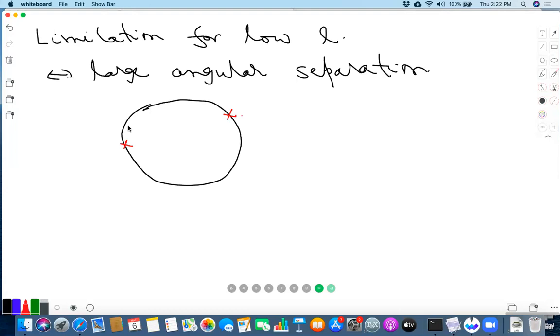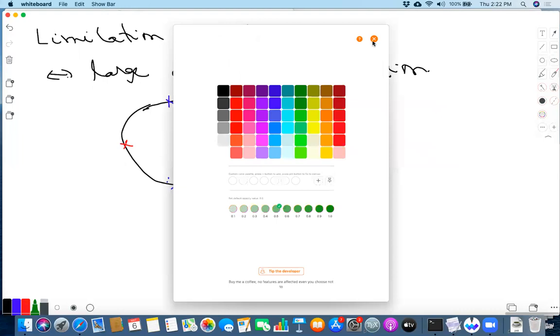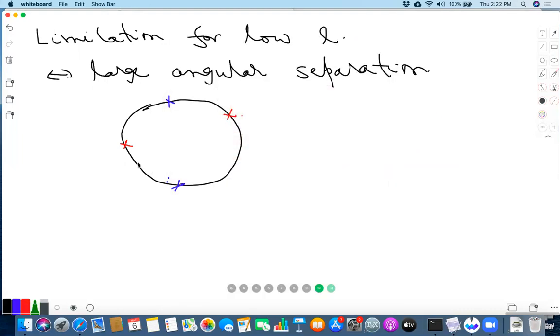Okay? And then you are doing a Fourier transform, right? So you're doing some angular integral. Okay? And then you have some other angles at the same separation, right? So you shift it here and here. But you see that these regions now start overlapping. So these are not really independent data.